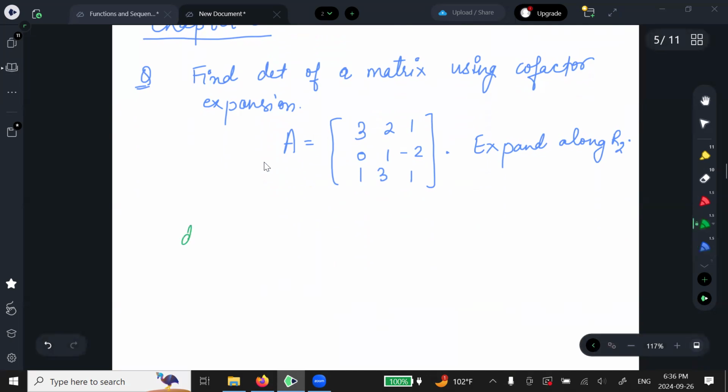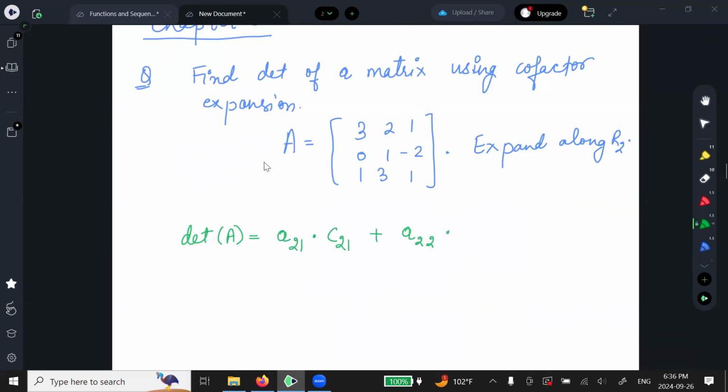So determinant of A, and I recommend that you write down the formula first in terms of the entry place, right? So A21 times C21 plus the second entry in row 2 times its cofactor plus the third entry in this row times its cofactor, right?